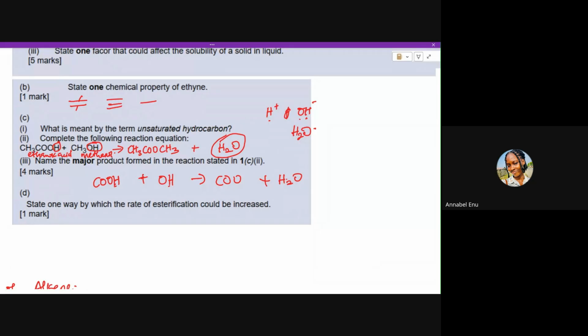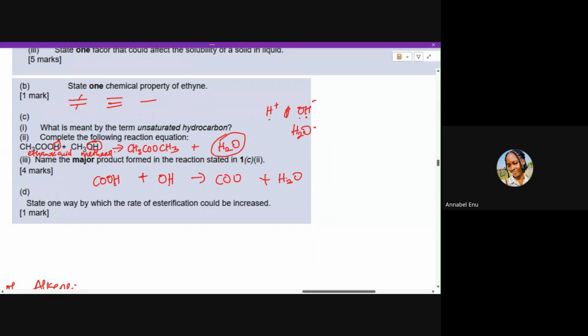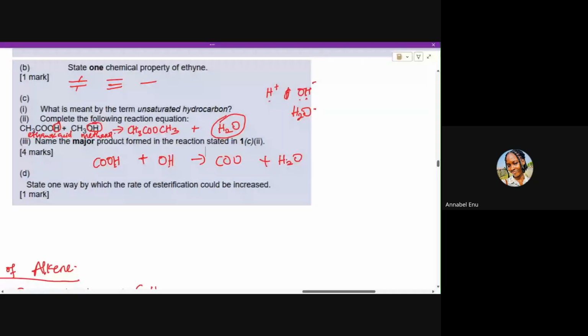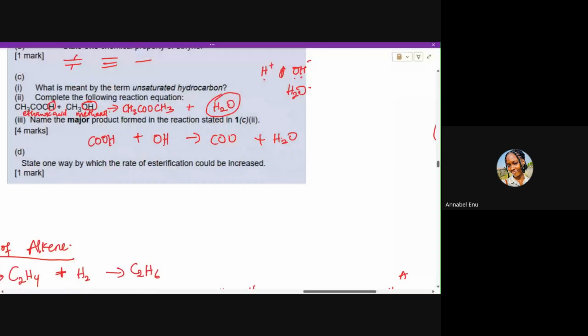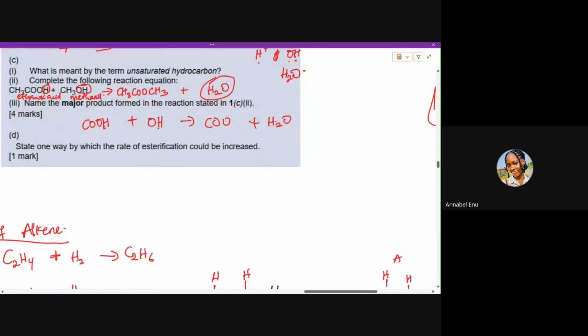Okay, so to name this compound, how do we name this compound? They say name the major product formed in the reaction stated above. Now this compound is this CH3, then COO, CH3. So how do we name this?